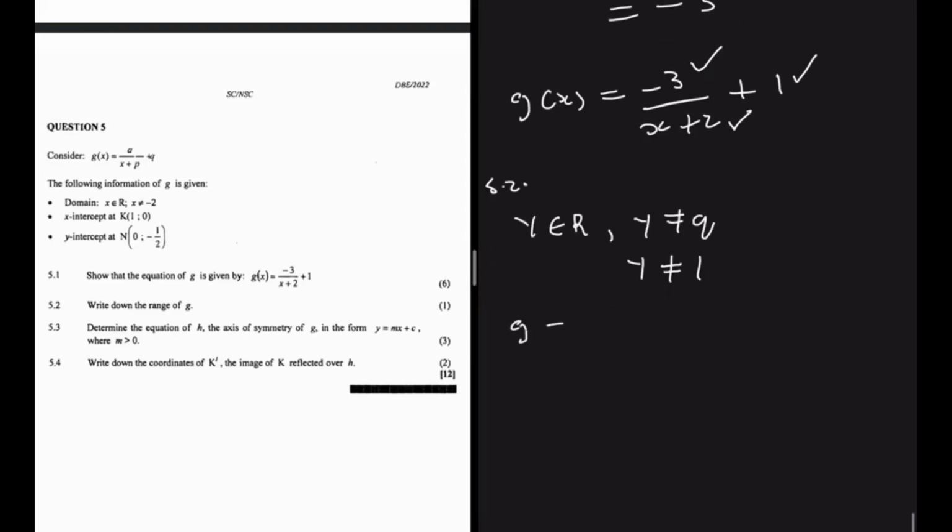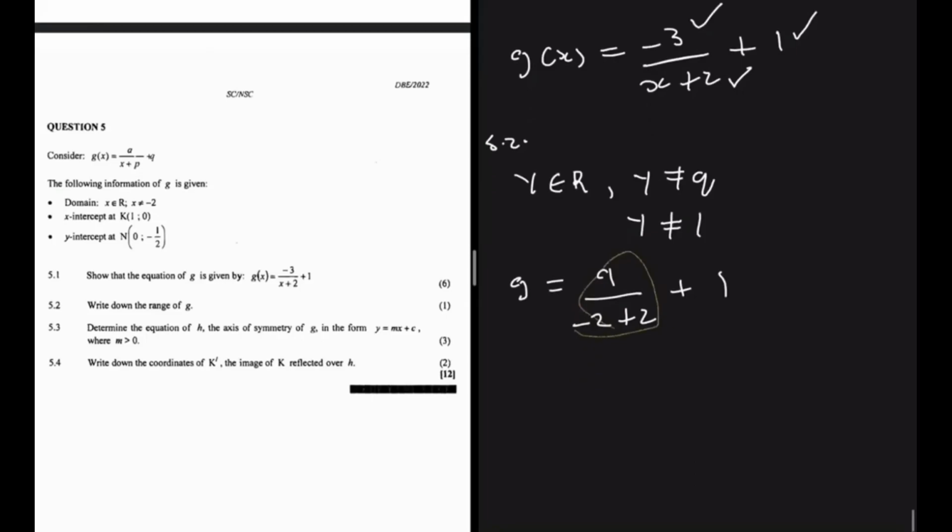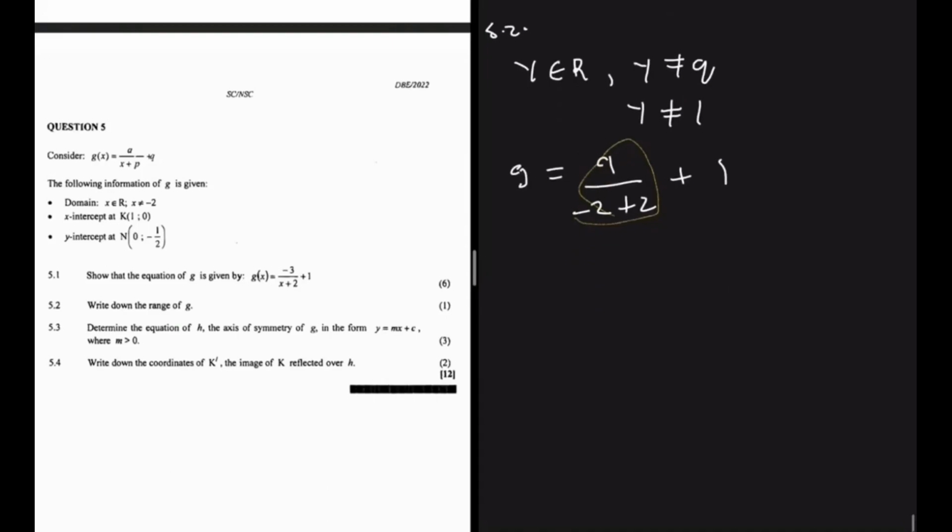Look, if we say g equals, let's say we have a, and then we divide by minus 2 plus 2 plus q, which is 1, right? This part here is going to give us undefined. So for g to be 1, we need to say undefined is defined, and that's not correct. So y can never be equal to 1 because of what we just talked about.